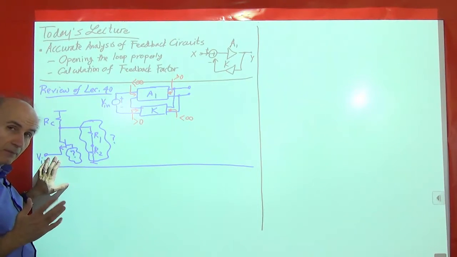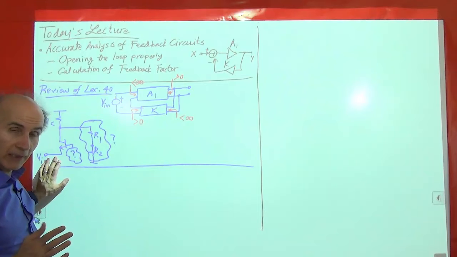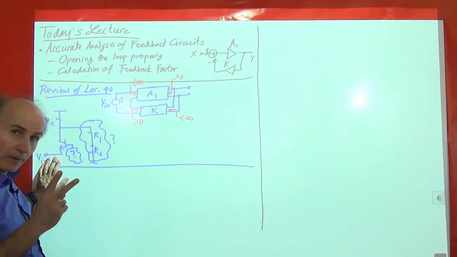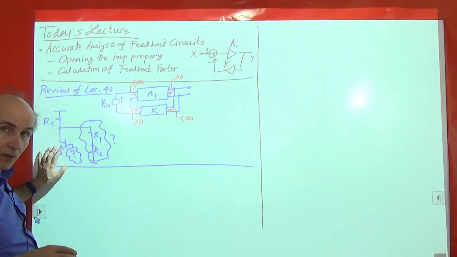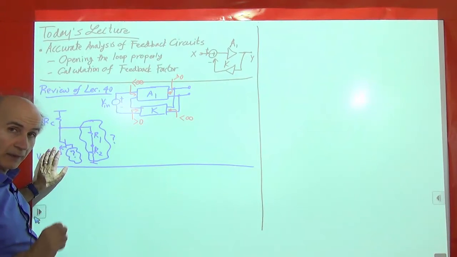So there are some ambiguities right now in our mind as to how to open the loop and make sure that these effects are properly incorporated in the open loop analysis.